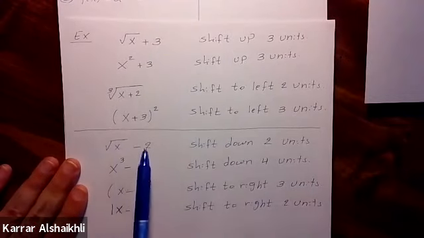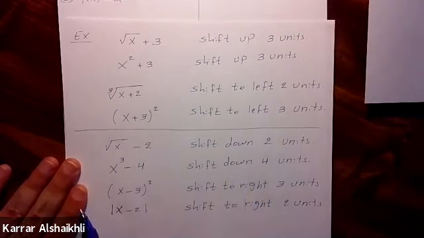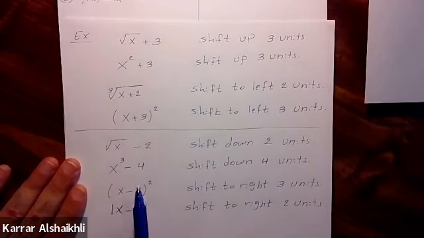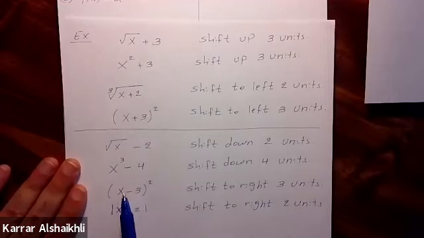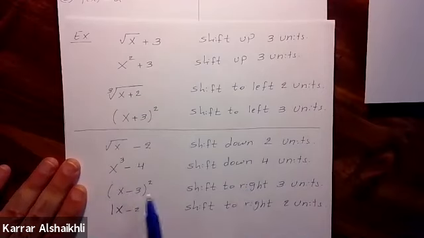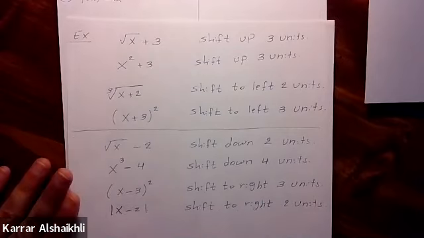Square root of x minus 2 is going to be shift down 2 units. X cubed minus 4, you see the number is outside the parent function, so shift down 4 units. Now the square root of x minus 3, the number is inside the function, so it's going to be shift to the right 3 units. It depends on this number, so 3 units, not minus 3 units, only 3 units. The absolute value of x minus 2 is going to be shift to the right 2 units. So this is the second technique.